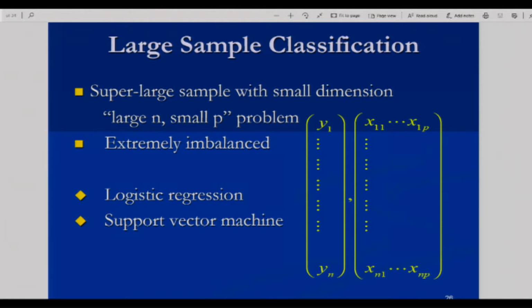In the large sample classification problem, there is quite a difficult problem, so-called extreme imbalanced classification. Suppose one type of sample is extremely small, and the other class is the majority class. The typical idea is you do this analysis using subsampling.